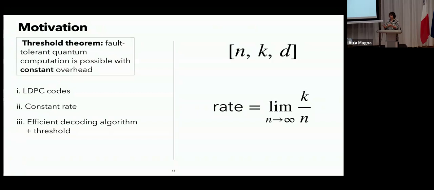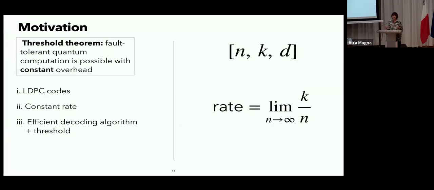The overhead can be quantified like this: suppose you have an algorithm that you want to run, and it takes k logical qubits. How many physical qubits are you willing to pay to be able to run your computation in a reliable way?